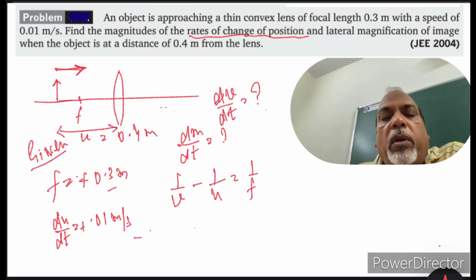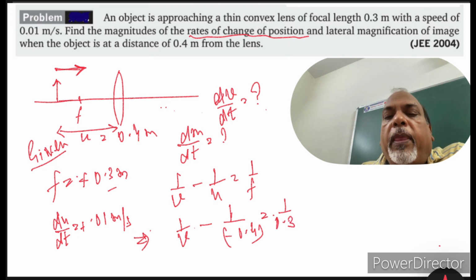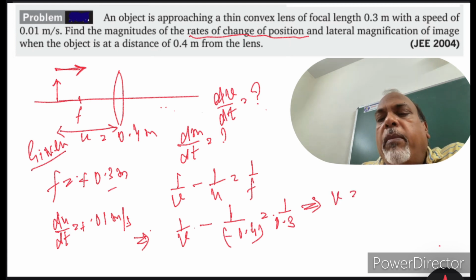And if we put these parameters and solve this, then v will come as 1.2 meter.